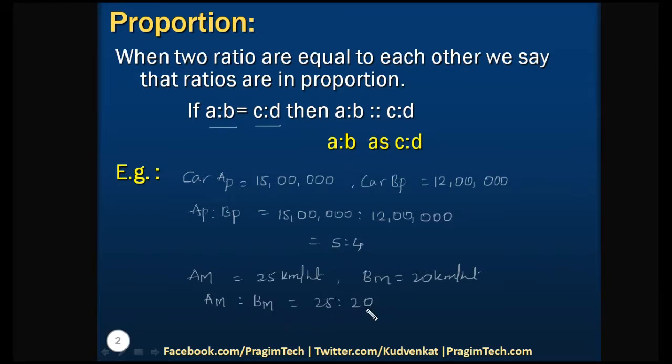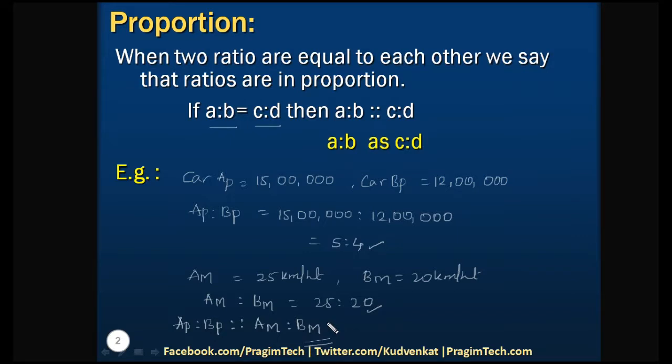If you observe this, these two ratios are equal to each other. Therefore, I can say that these are in proportion, which I can represent as AP is to BP, that is, price of car A to car B is the same as mileage of car A to mileage of car B. Then I can say that these are in proportion.